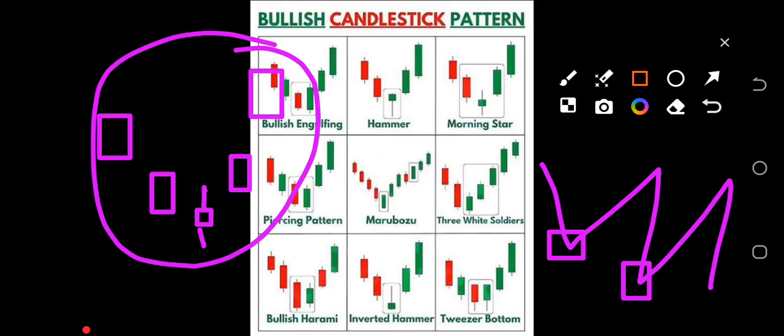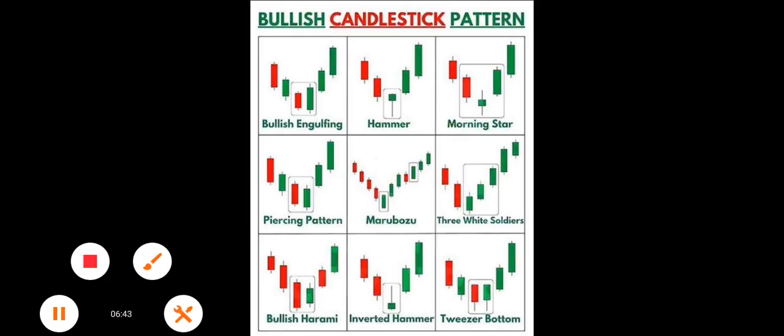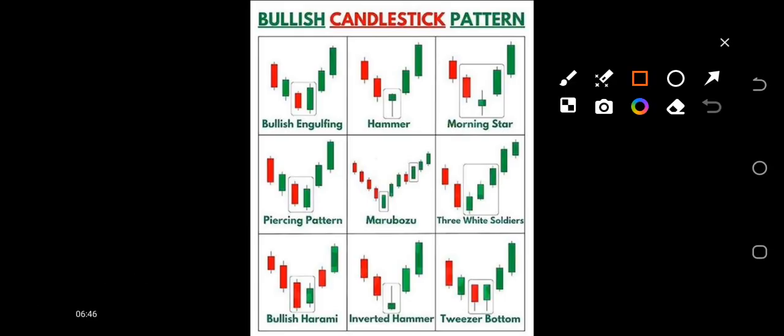Then the reverse of it is called an evening star. That one will appear at the top, in an uptrend.